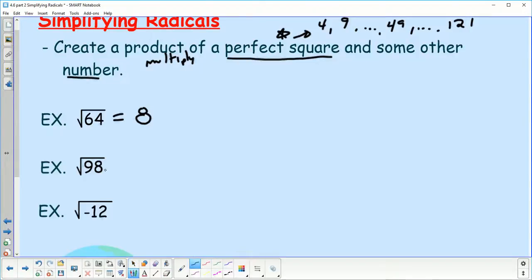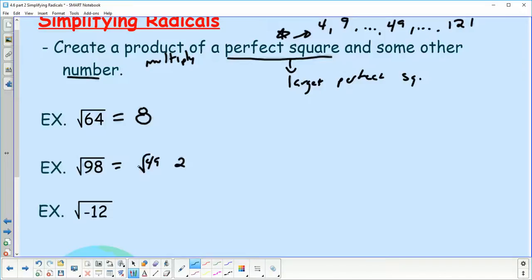Okay, the square root of 98. Now that's a little bit more challenging because it's hard to look at 98 and say it is a perfect square and some other number. And in fact, we really want to say that this is the largest perfect square. Okay, in this case, 98 is divisible by 49, and when we do 98 divided by 49, we get 2.